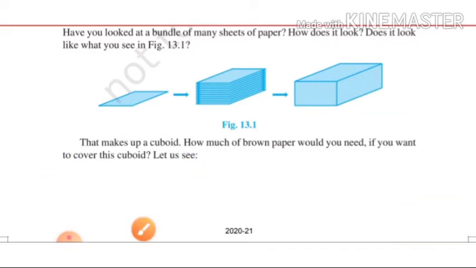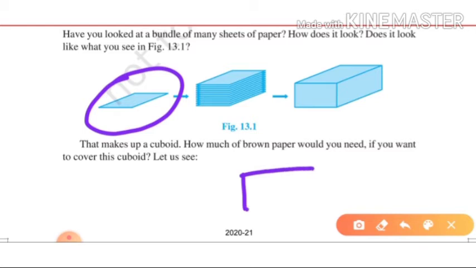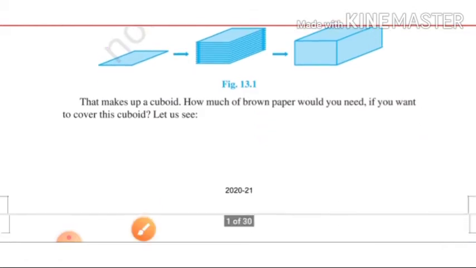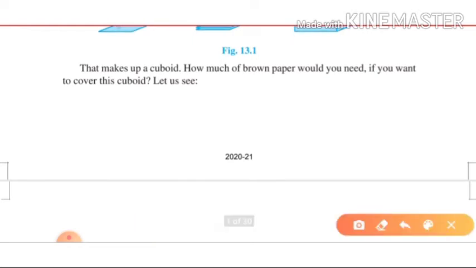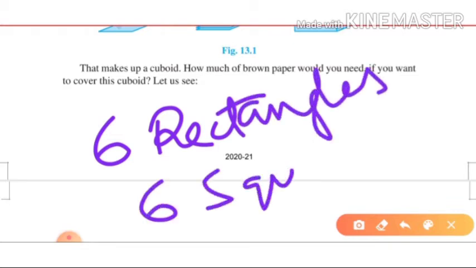Each face is the shape of a rectangle, and in the case of a cube it is the shape of a square. That means we have 6 rectangles in the case of a cuboid and 6 squares in the case of a cube.